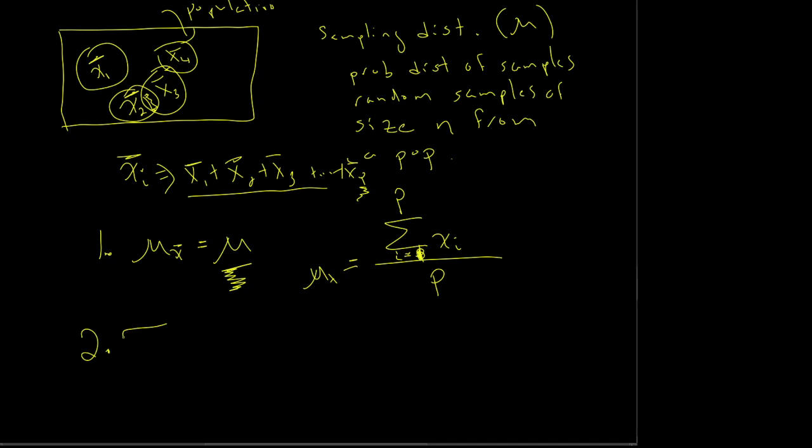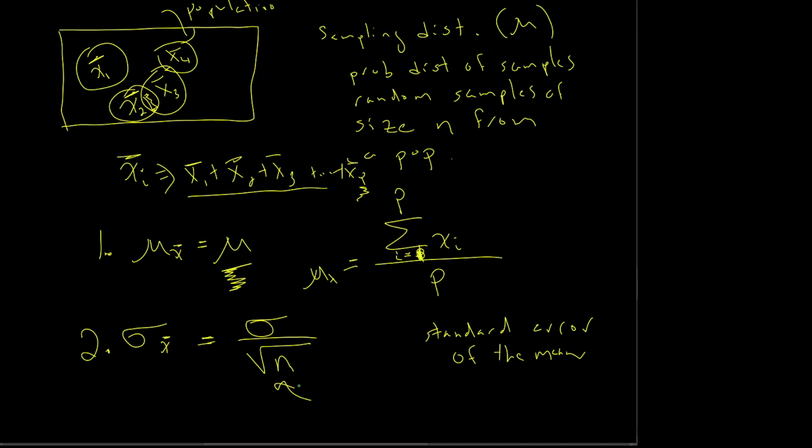And the standard deviation of all my experiments, what we're going to call the standard error of the mean, is going to be related to the population standard deviation based on how many samples I take, what makes my sample. And this is really, really important because this ends up being how we actually do experiments.